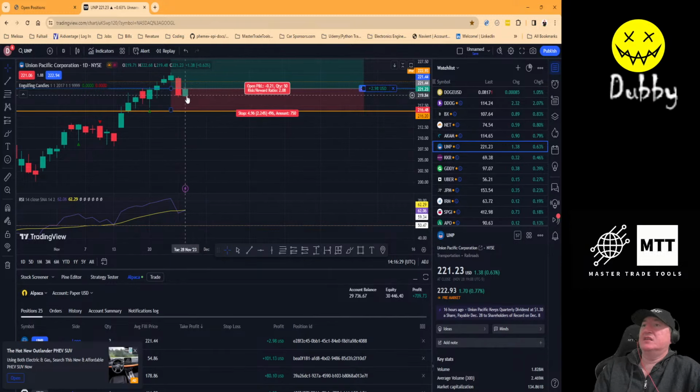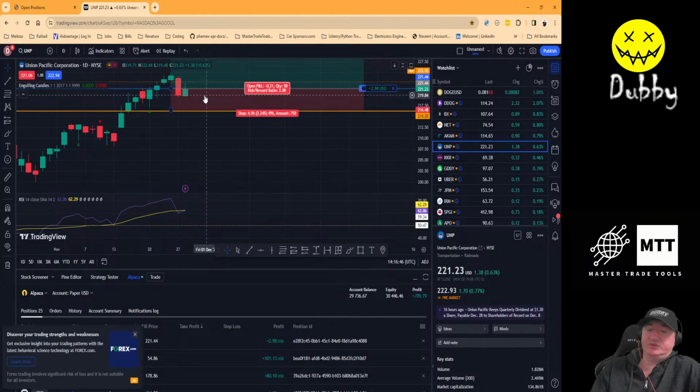It looks like we've got a little bit of a bullish signal from the pullback that occurred yesterday, and it might actually get us out of our red range and put us into our actual take profit range.